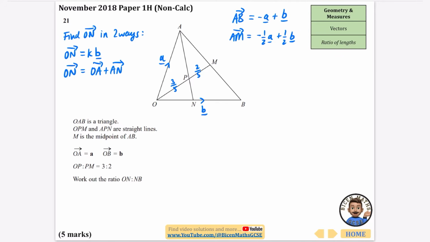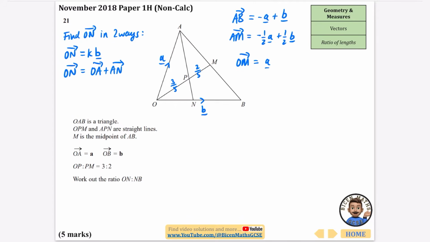Now that I've got those ones, I'm going to try and find some other kinds of things. I'm going to try and find out what OM is equal to. That will help me find out what OP is, and then I can find out AP by doing this. So now I know that that's what AM is equal to. I'm going to find OM. OM is going to be equal to A plus AM.